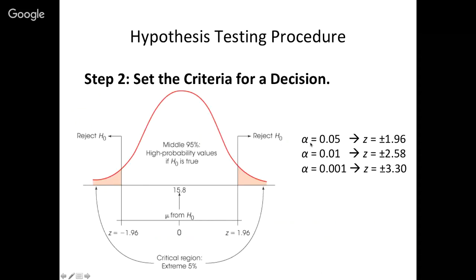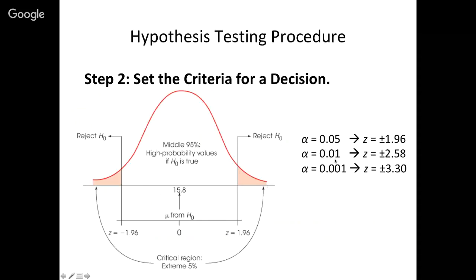We can also use an alpha level of 0.01, with a bigger z-score, meaning a bigger distance from the mean to the boundary of the critical region.